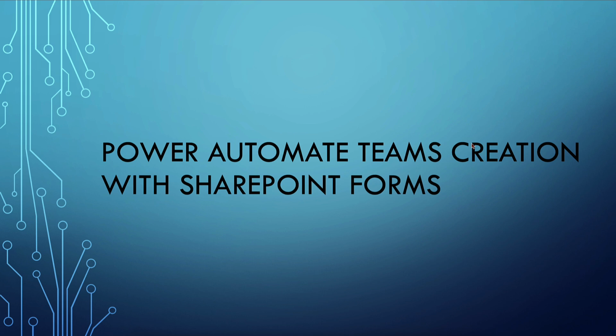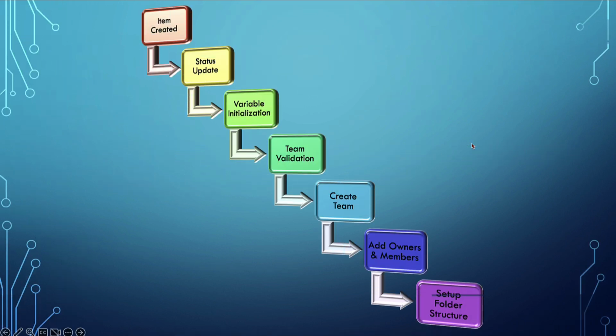Before going to the demo, let us see the flow of the Power Automate. This is the complete flow, where the first thing is that when an item is created, the flow will trigger. Once the item is created, it will automatically be in a submitted stage.